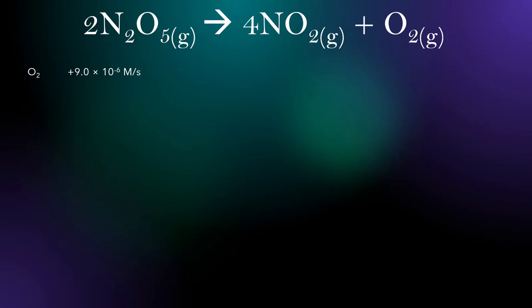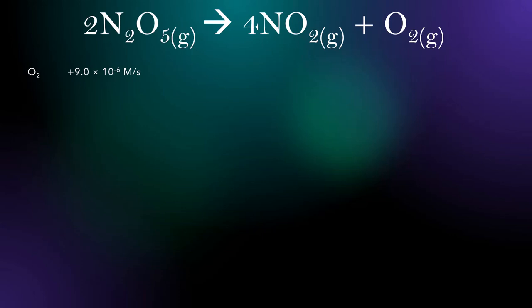But it works the same way. And so if we start out with 2 N2O5 and it's creating 4 NO2 plus O2, and we start out with a rate of O2 appearing at 9.0 times 10 to the negative 6 M/s, how would we figure that out?